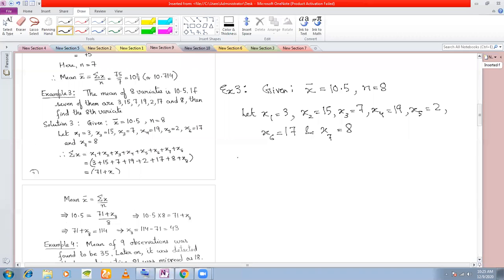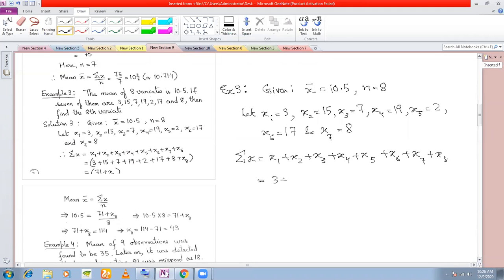So let us calculate sigma x. Sigma x here is x1 plus x2 plus x3, x4, x5, x6, x7 and x8.